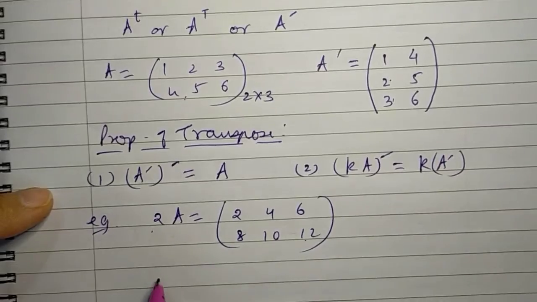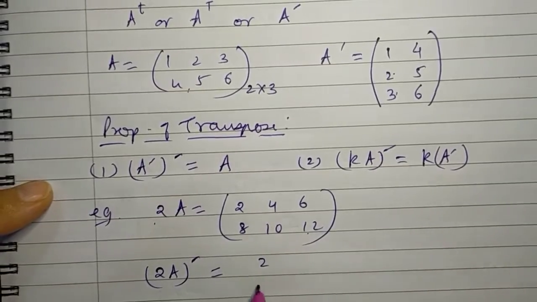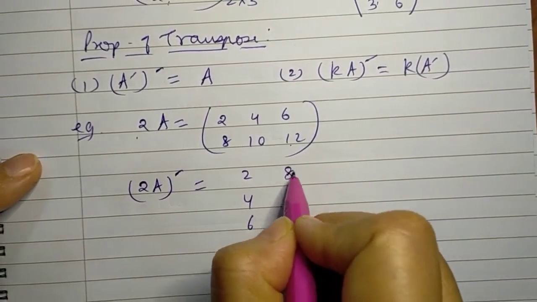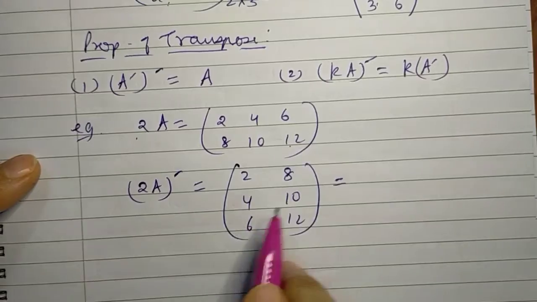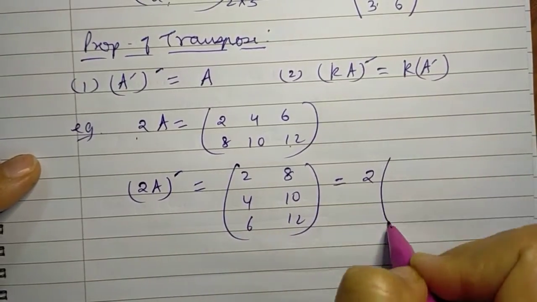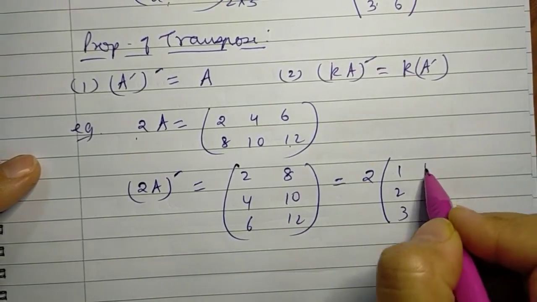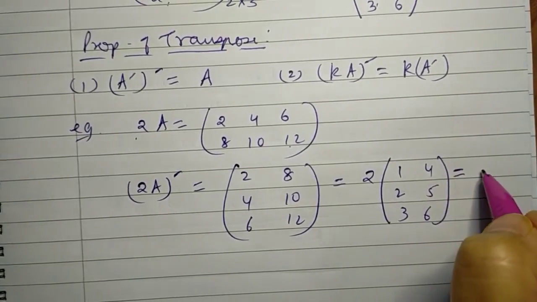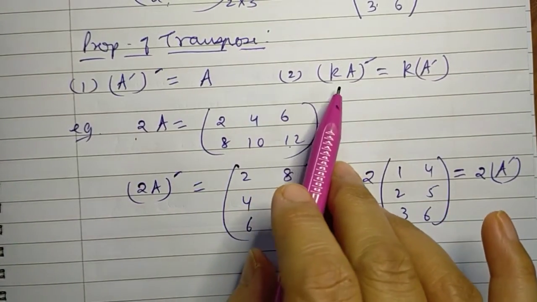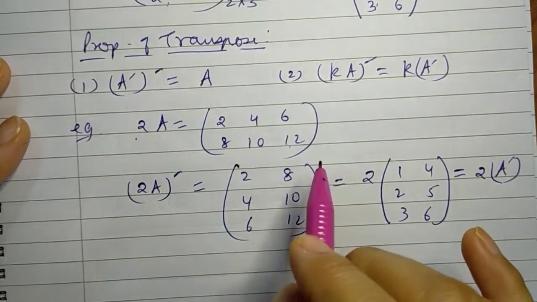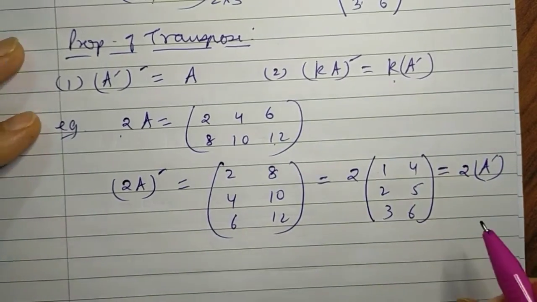Now if I find the transpose of this, so 2A transpose will be transpose of this, which is 2, 4, 6, and then I have 8, 10, 12, and since I know that I can take 2 common from each of them, I am left with 2 times 1, 2, 3, 4, 5, 6, which is nothing but 2 times the transpose of A. So basically the second property says that whether you first find the scalar multiplication and then the transpose, or you first find the transpose and then the scalar multiplication, the result is the same.